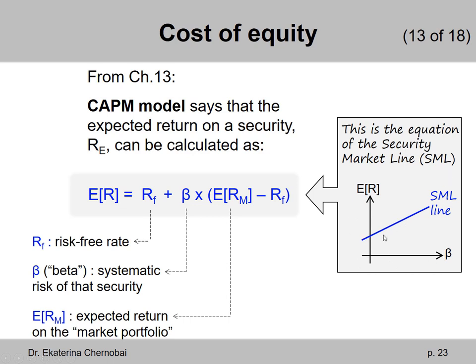The security market line illustrates this positive relationship between risk and return. So that's kind of what that CAPM model was all about. But here we're just focusing on the equation for the CAPM, the security market line, or the CAPM's main formula.